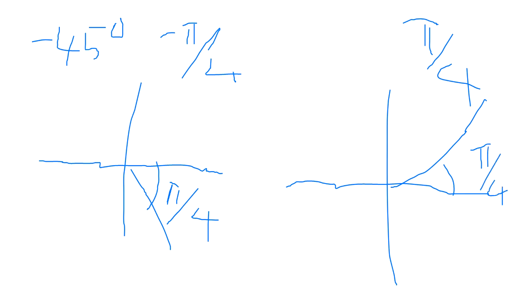So it is very important that in always trying to find our reference angle, you must note that when an angle is negative, you measure in the clockwise direction. When an angle is positive, you measure it in the anti-clockwise direction. It's very important for you to know that.